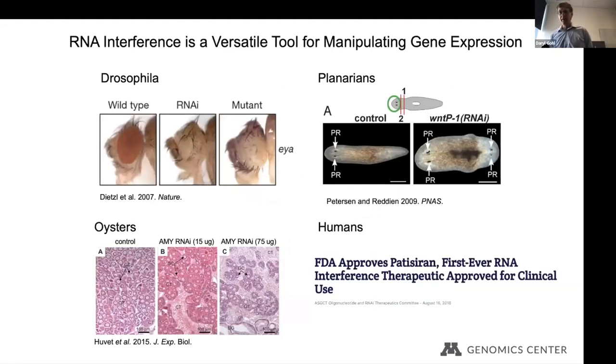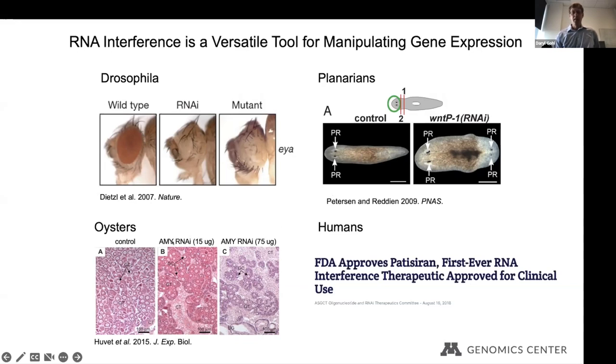So RNAi turns out to be a very generalized mechanism that exists across essentially all eukaryotic organisms, and it's been used in a variety of species to induce various mutant phenotypes. So, for instance, this is an example in fruit flies or planaria, but also importantly in other bivalves like oysters.